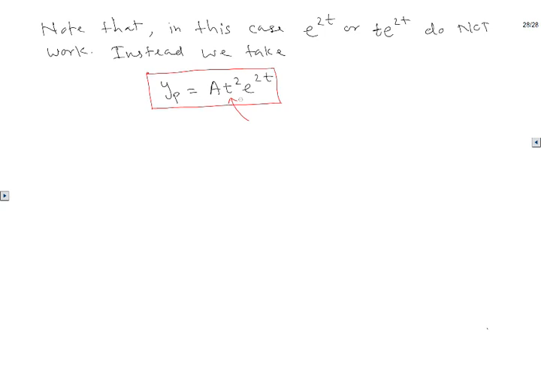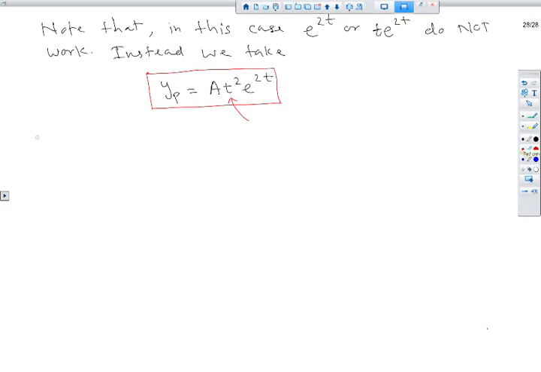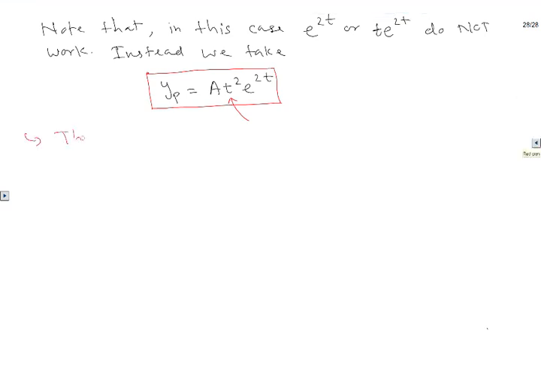So we add that. Okay, so you can see this only happens with the exponential form. There's no problem with the sine, cosine, or with the polynomial. So this only happens in the exponential case.